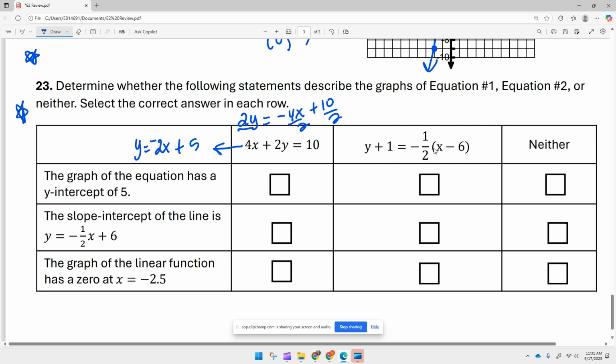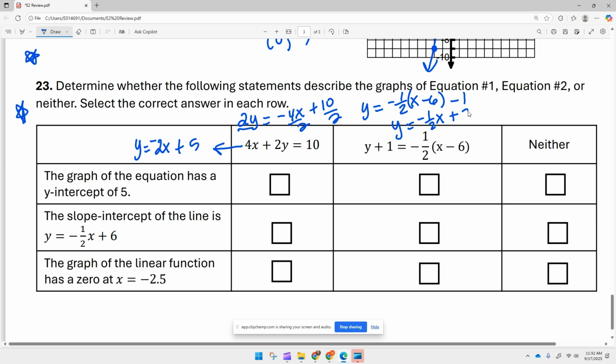We're going to go ahead and put this in slope-intercept form as well. So this is going to become y equals -1/2 x minus 6, and then that becomes -1. We're going to distribute that -1/2. That becomes y equals -1/2 x. A negative and a negative is a positive.